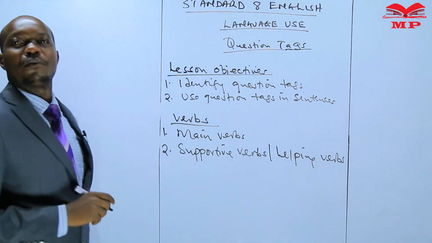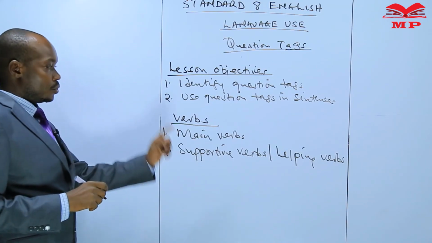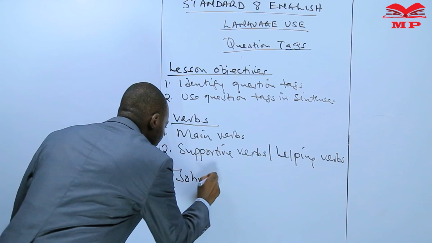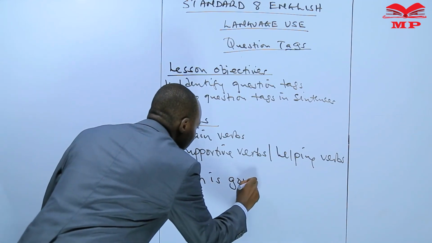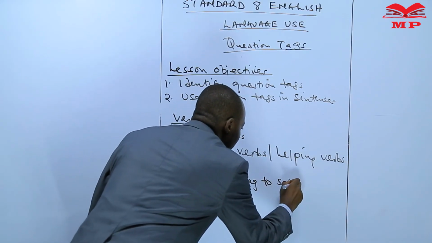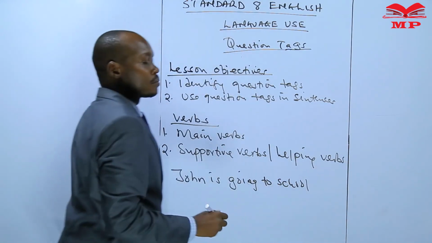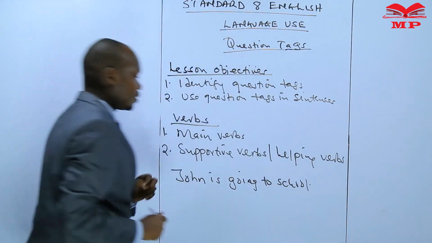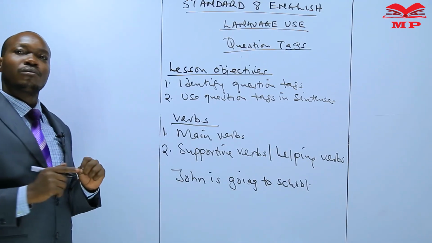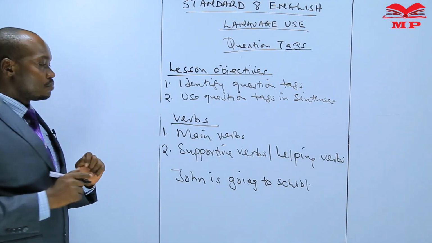Let me give an example to show you these types of verbs. John is going to school. In this sentence, we have two verbs, a main verb and a supporting verb.